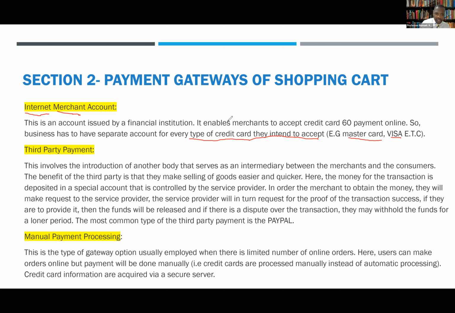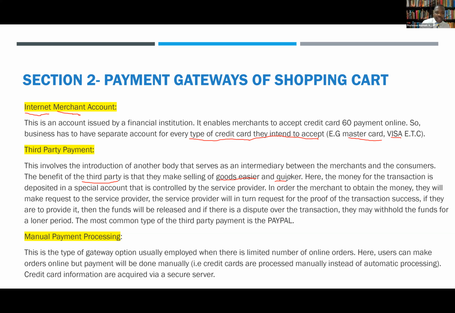Then the third party involves the introduction of another body that serves as intermediary between the merchant and the customer. The benefit of the third party is that it makes selling of goods easier and quicker.